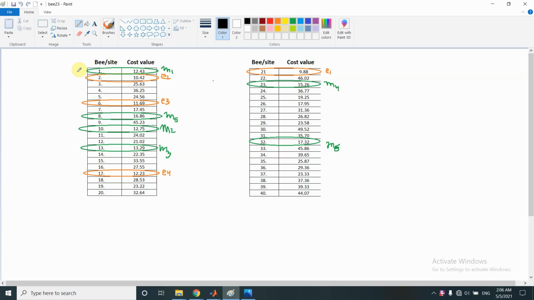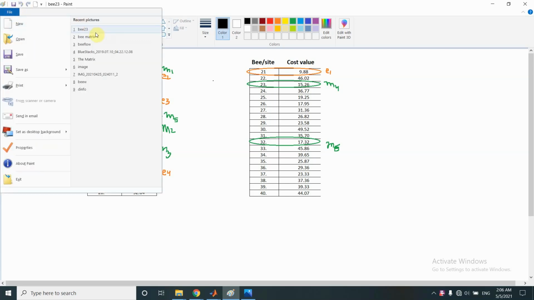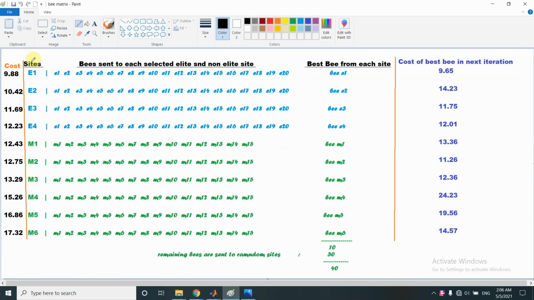Now let us see what happens when we have selected the elite and non-elite sites. So these were the 4 sites E1, E2, E3, and these were the 6 non-elite sites. These 4 and 6 made up the selected sites, and here is written the cost of each of these sites.